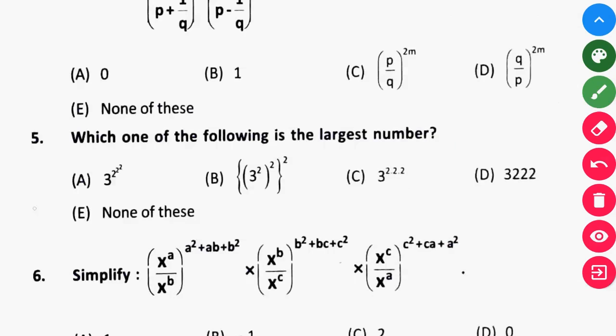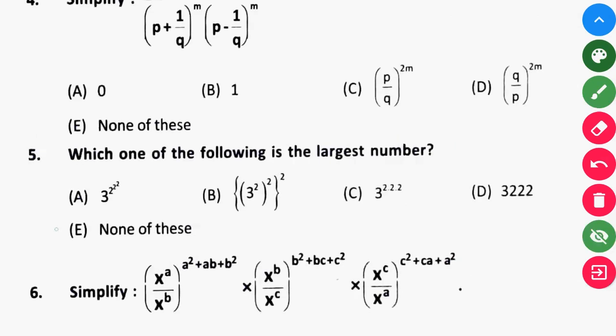The sum is there, so it is 3 raised to 2, its square, and then the square of that. It is not like 3 raised to 2 has exponent 2 and the whole bracket's exponent is 2. This sum is like 2 square, and 3 raised to 2 is 2 square.